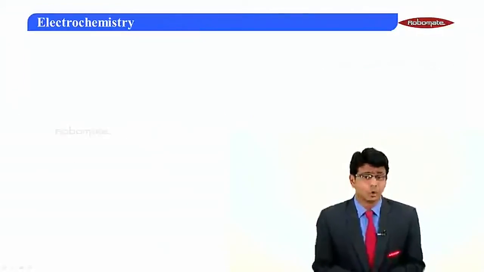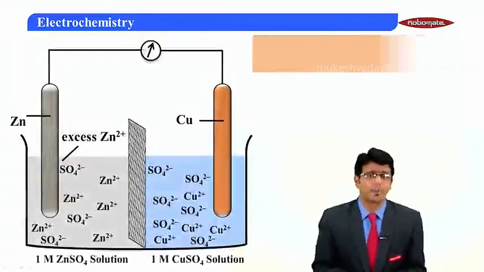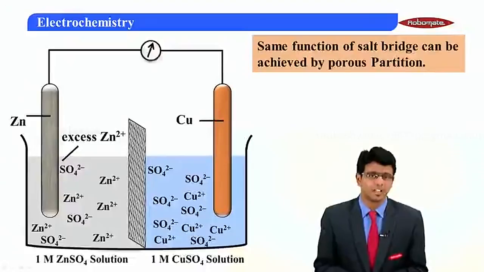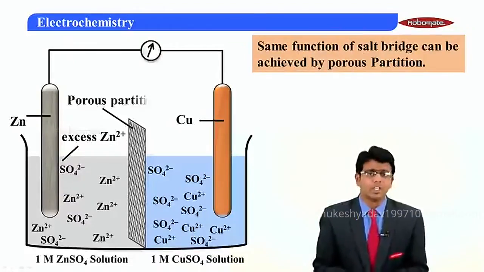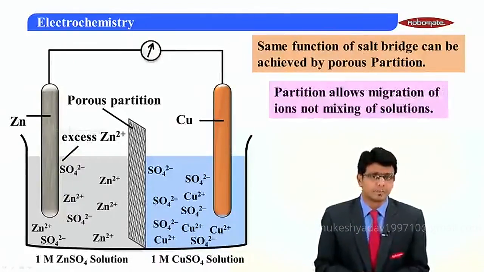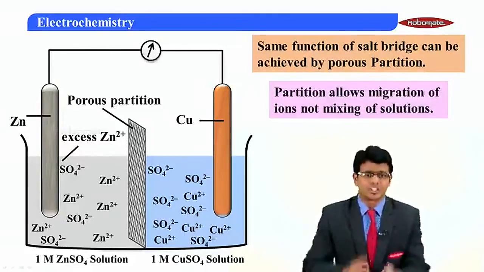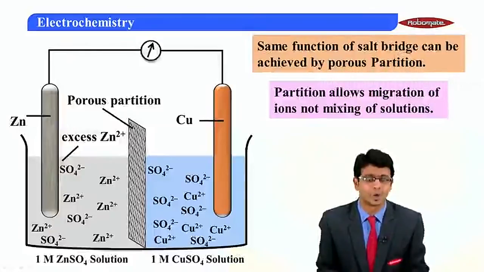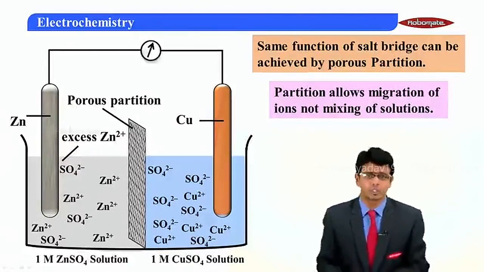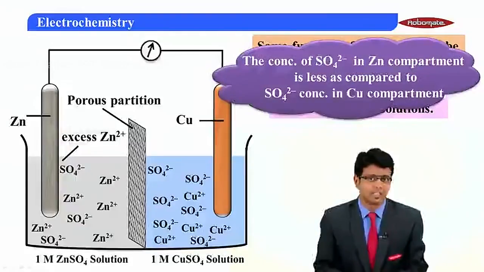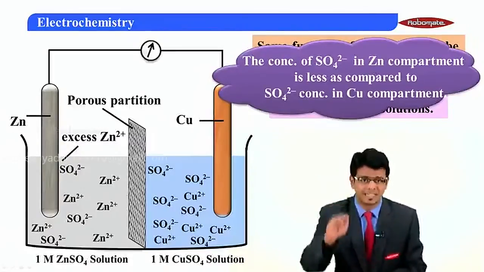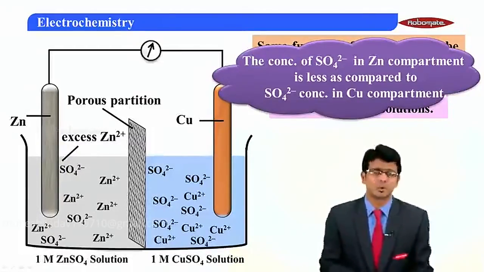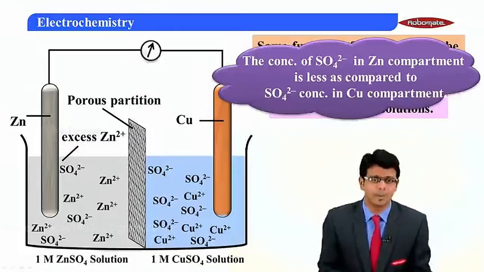Now, the same role is played by a porous partition. This porous partition does not allow the mixing of the solutions, but at the same time it allows the migration of ions through it. During the working of the Daniell cell, you already know that the concentration of sulfate ions in the zinc compartment will be lesser as compared to the sulfate ion concentration in the copper compartment.